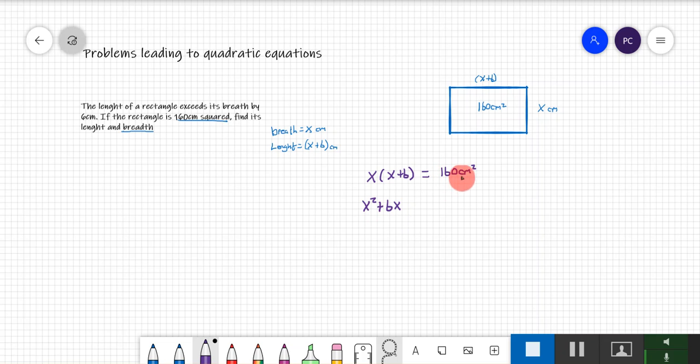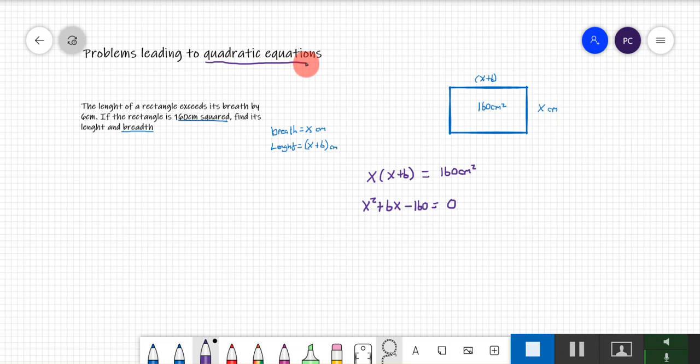Now we bring this over onto this side, so we minus 160 from here. That would be minus 160 equals 0. If we have a look at this now, we've taken this word problem and converted it into a quadratic equation.